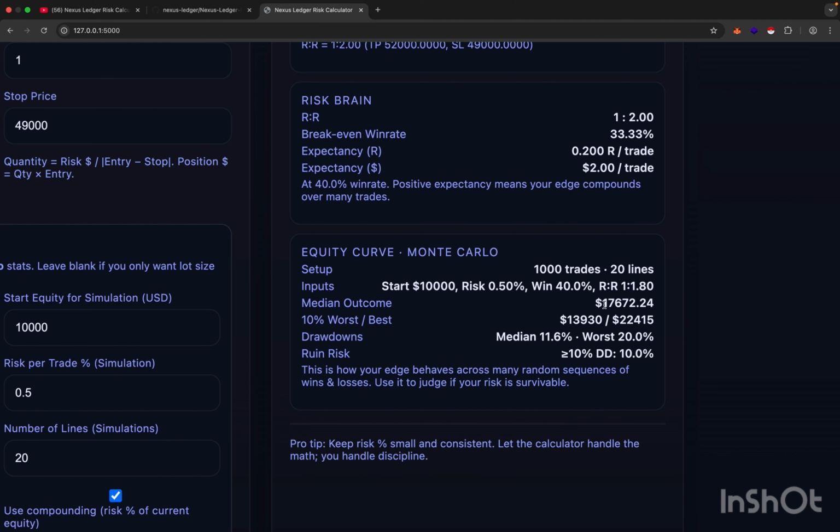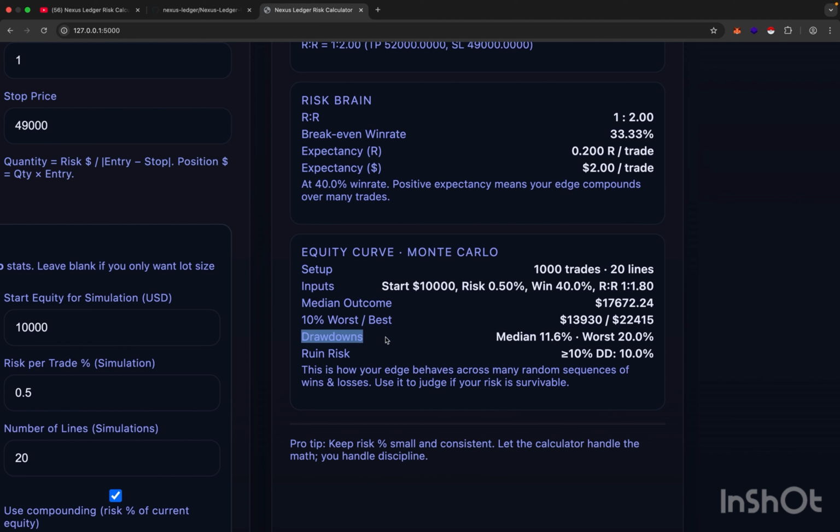So this is a good strategy with this win rate and this risk reward. And the worst simulation that could happen was your capital going from $10,000 to $13,930, right? So it's still good in the worst case scenario. And in the best case scenario, it was $22,415, right? And the median outcome was 17K.